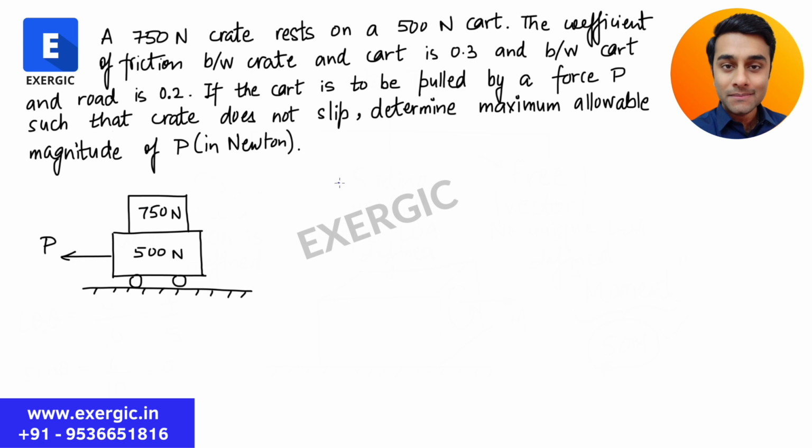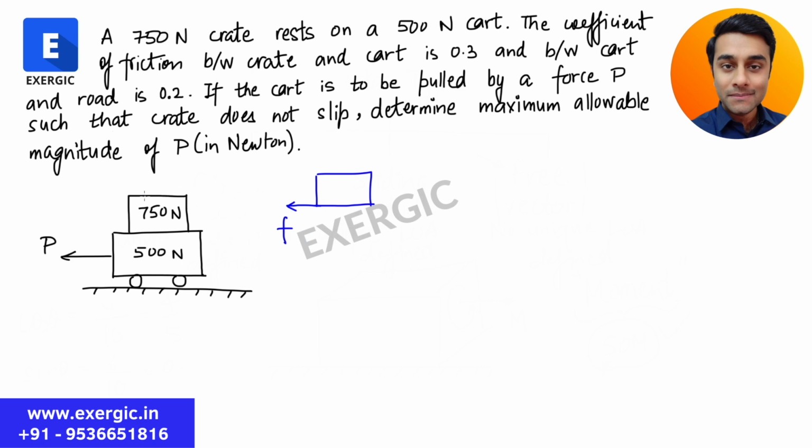So if I draw the free body diagram of the 750 Newton crate, this is the crate, 750 Newton weight. If I draw its free body diagram, there is going to be a friction force acting in the forward direction. Why forward? Why not backward? Because friction is the force which is trying to grab it, which is trying to hold it.